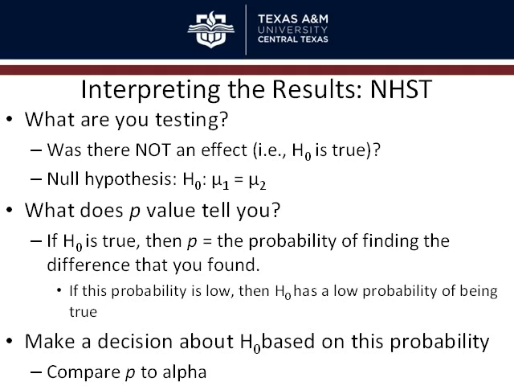Generally, the default value is, well, I'm going to set alpha at 0.05, such that when the null is true, I'm only going to say that it's not true if the probability of finding what I found is less than 5%. So if your p is less than alpha, you're going to reject the null. It's pretty unlikely the null is true if I found a finding this big.